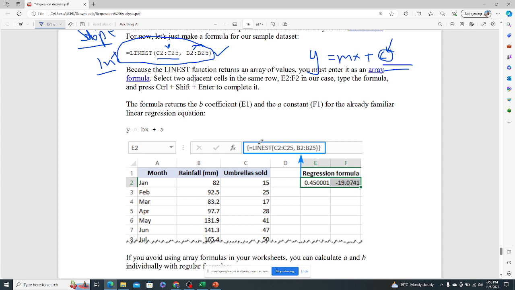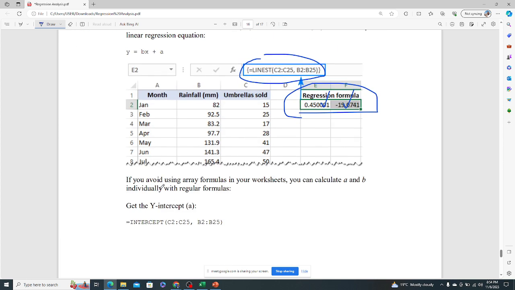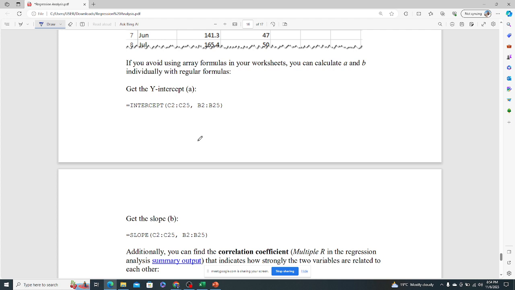So you can see this is the formula and our possible output. It will give us the output for the slope and the output for the y-intercept. Then, of course, you can also break down the equation or the model into parts and calculate each constant separately.